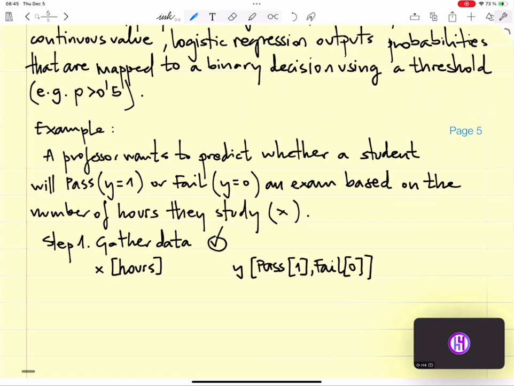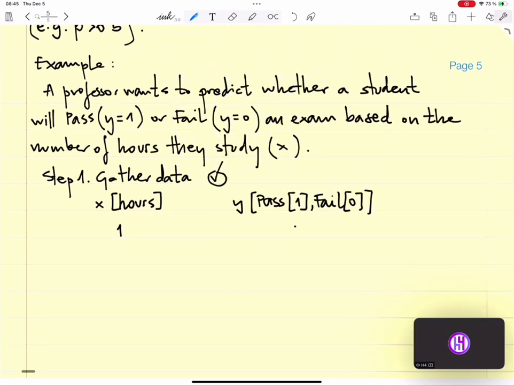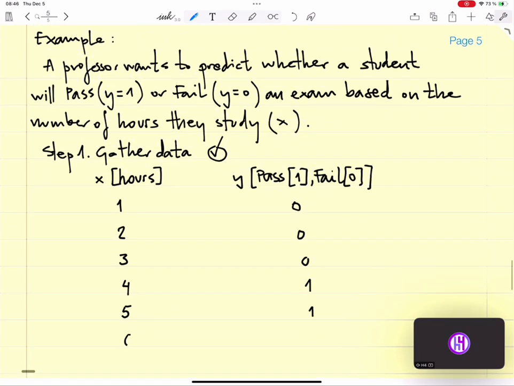So the data is: 1 hour studied is fail, 2 hours study is fail, 3 hours study is fail, 4 hours study is 1, 5 hours study is 1, 6 hours study is 1. Okay. So these are the data for 6 students, and with this data we're going to calculate our logistic regression.